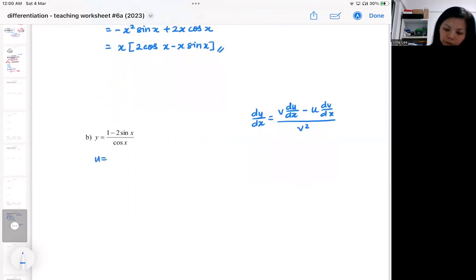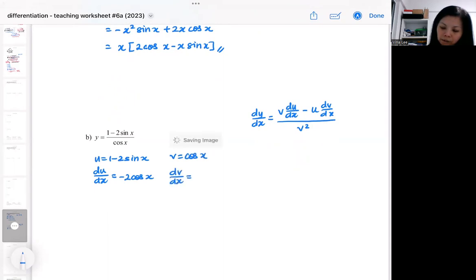Okay, so u is my numerator. So I do my differentiation. Differentiate 1 is a 0. Differentiate sine x is a cosine x. So v is a cosine x. Differentiate, I will get minus sine x.